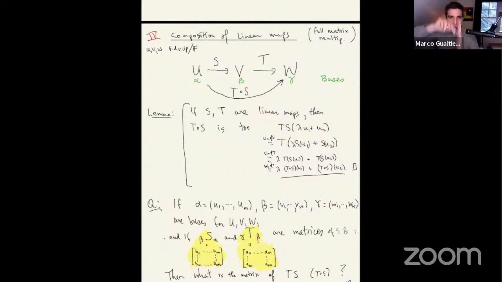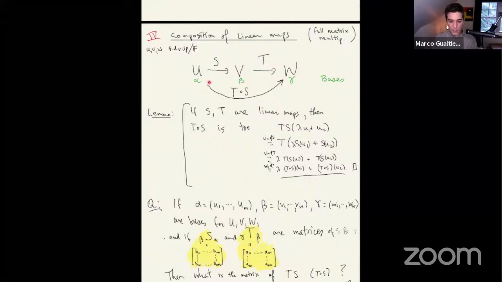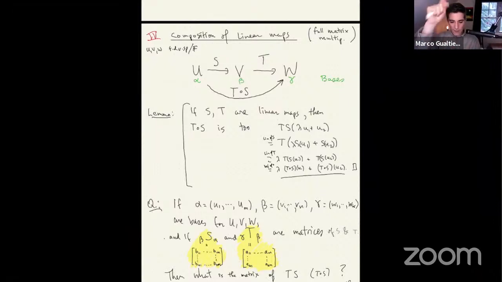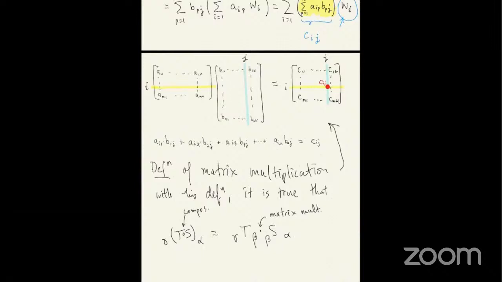The first column is the result of TS applied to U1 expanded in terms of the basis gamma, and gamma has K elements. So the number of entries in that column will be exactly the length of this basis. So it should be K, going from 1 to K. Okay, thank you. Oh yeah, sorry.